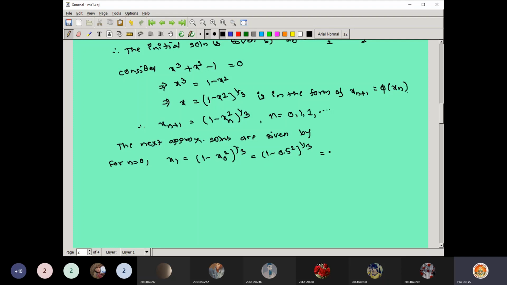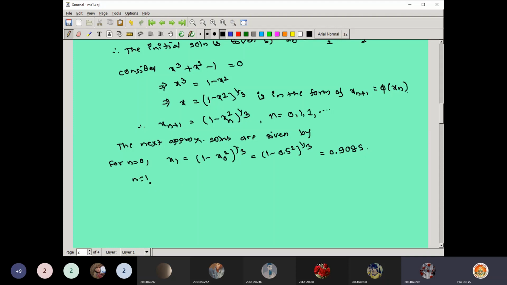Within the bracket first, 1 minus 0.5, x square button, bracket close, power button 1 divided by 3. You are getting the answer 0.9085. Is it correct? Okay, ma. Yeah, sir.